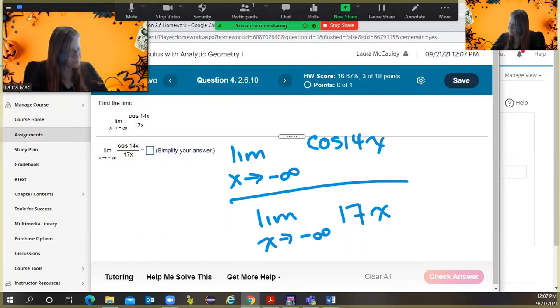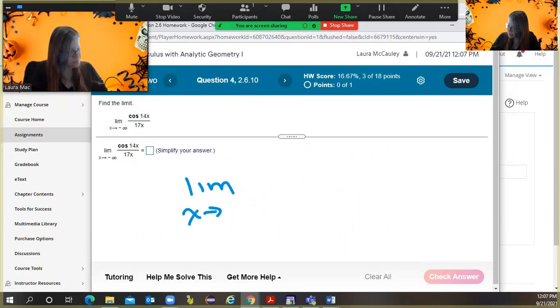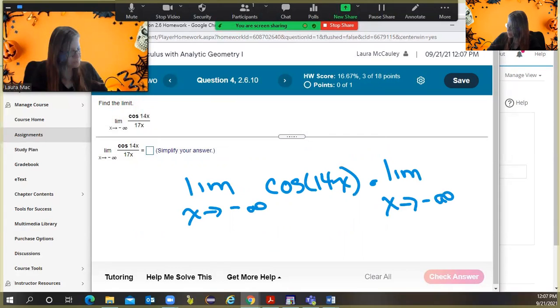And actually, you know what? I'm going to break it up a different way. I'm going to break it up like this. The limit as x approaches negative infinity, cosine 14x, times the limit as x approaches negative infinity of 1 over 17x. So see, I just took this part of it out.